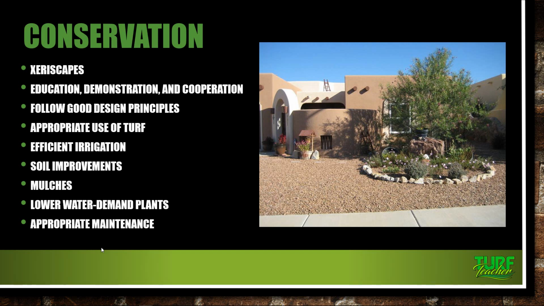Make sure you're using a turf that's natural to your area as well. Make sure we're using efficient irrigation. We make the soil improvements that we need, that we are mulching to retain that moisture for the plants, and then that we're using lower water demand plants, and that we provide appropriate maintenance for the properties.